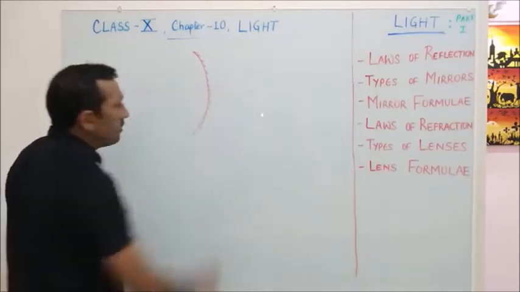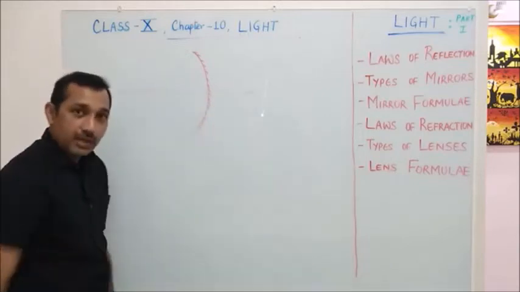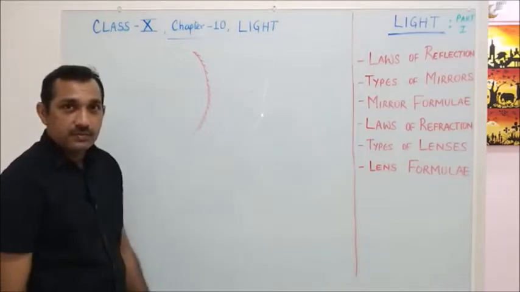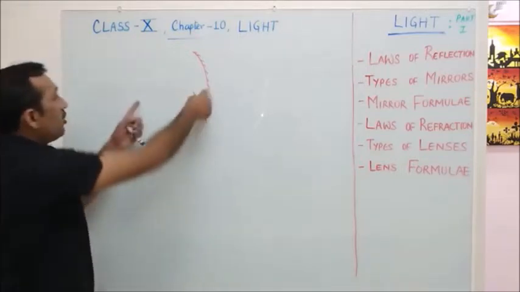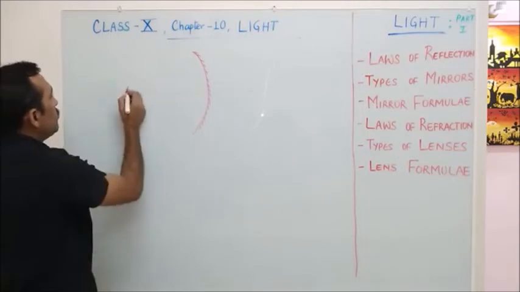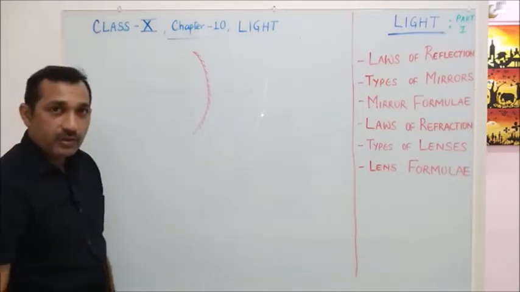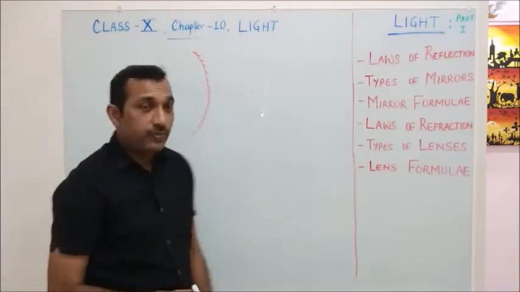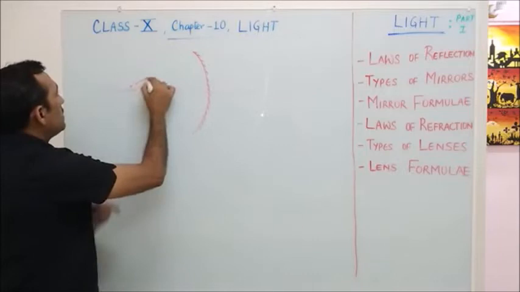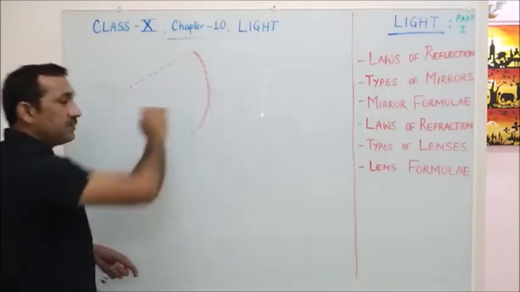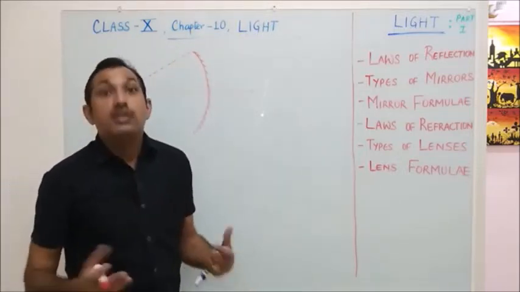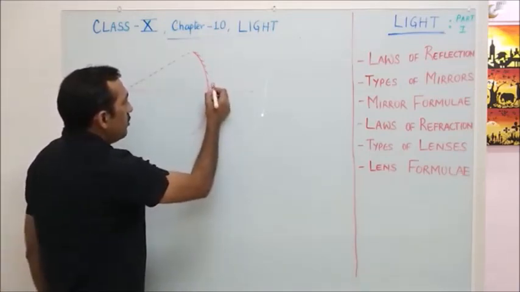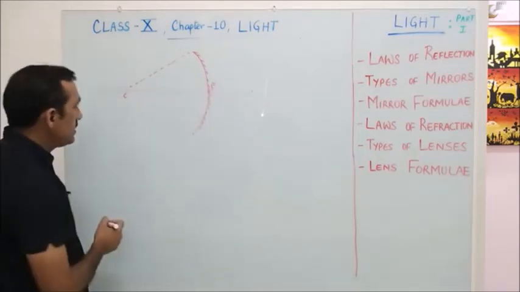If I draw a line which goes through the center of the mirror, this line is called the principal axis. Because it was a sphere, there has to be a center. This center is called the center of curvature, denoted by C, and this is the radius of the sphere. The center of the mirror structure is called the pole.